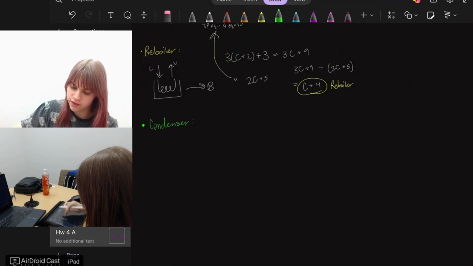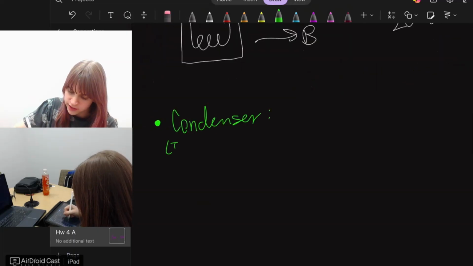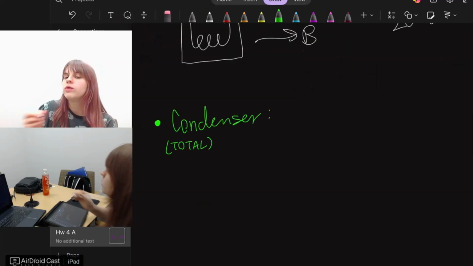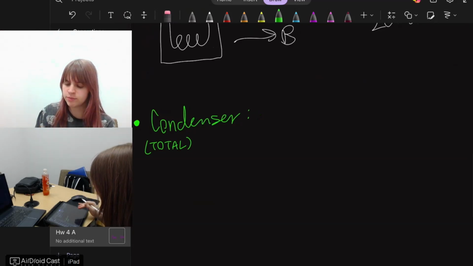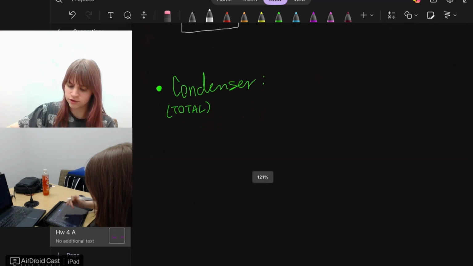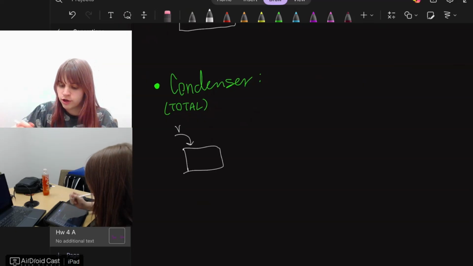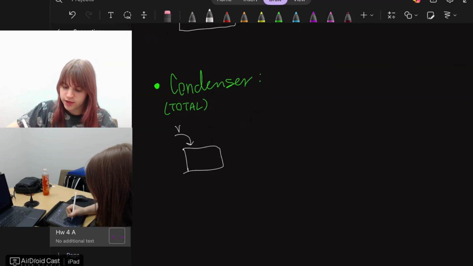And remember that this is a total condenser. So we are completely condensing all of the vapor that goes into that condenser. We have a vapor going into our condenser, and we have liquid leaving.